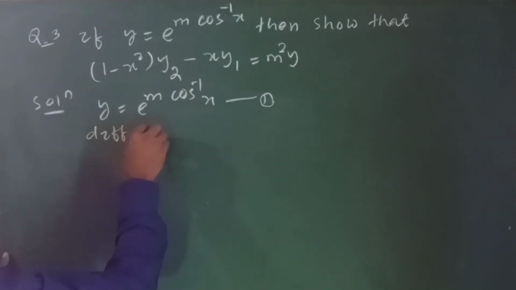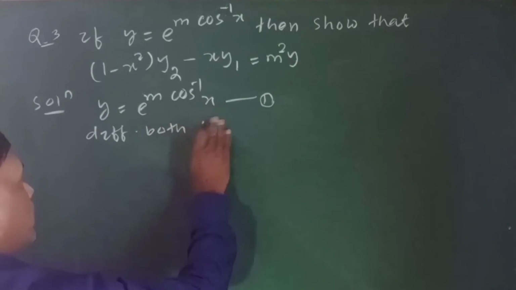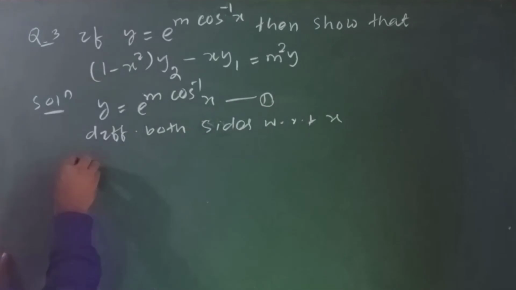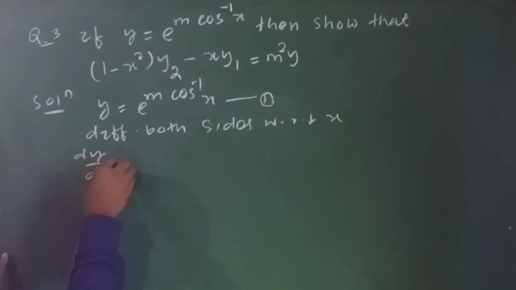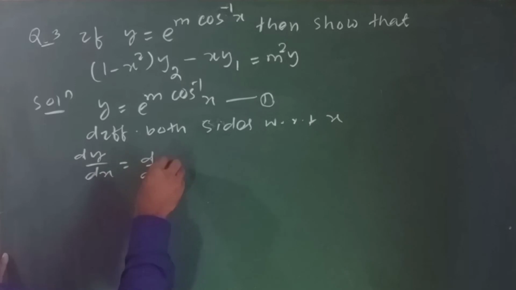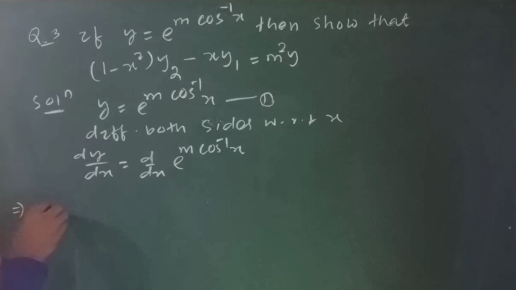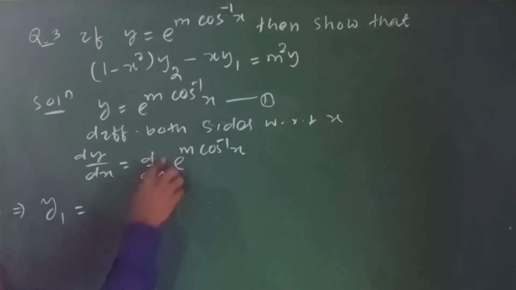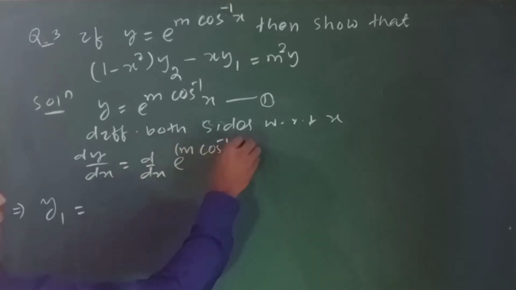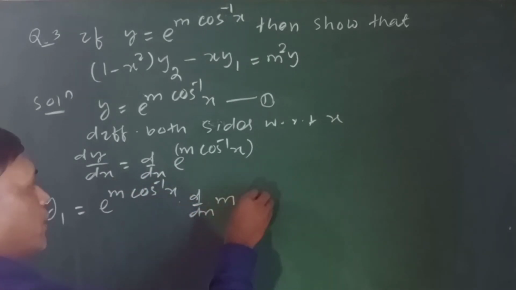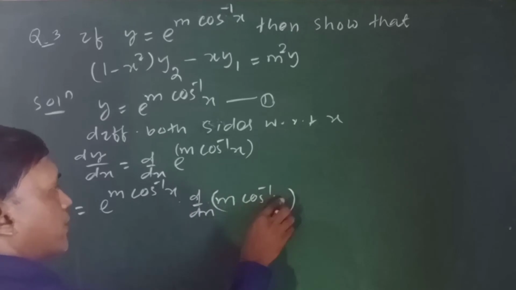Differentiating both sides with respect to x, we get dy by dx is equal to derivative of e to the power m cos inverse x, which implies dy by dx is y1, and this is equal to derivative of e to the power m cos inverse x. Here we apply e to the power x, that means e to the power m cos inverse x into derivative of m cos inverse x.